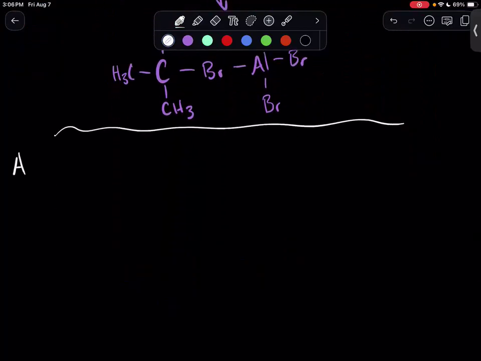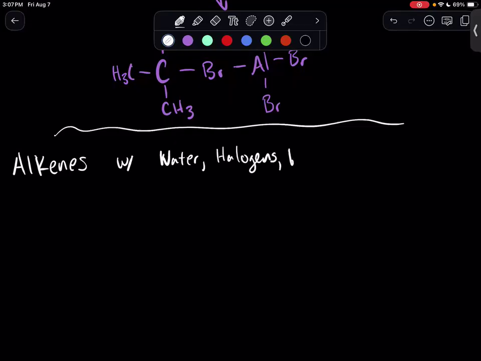Now we're going to be looking at 3.4.5, which is alkenes, which, remember, they have that very electron dense region, with water, halogens, and hydrogen halides.